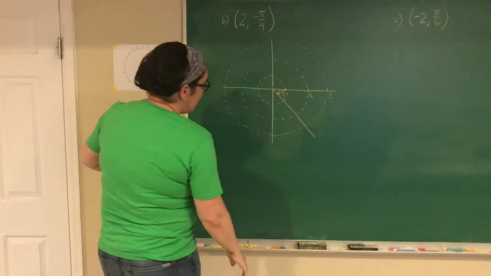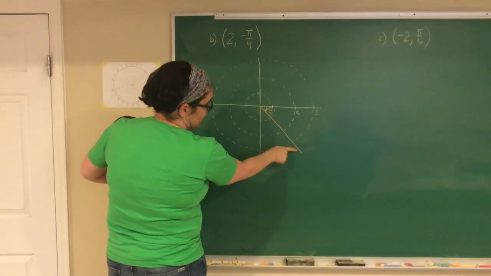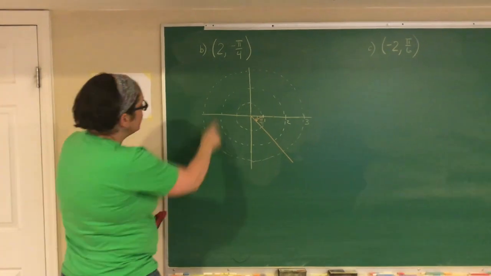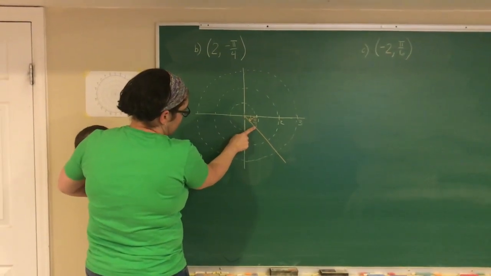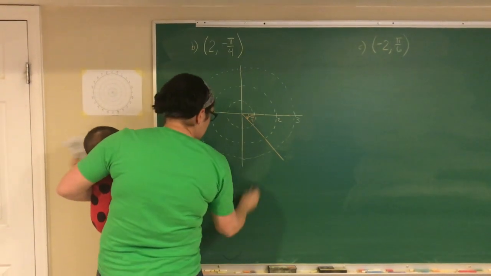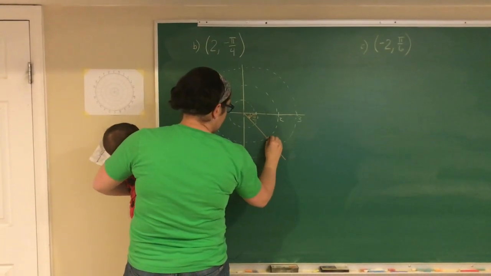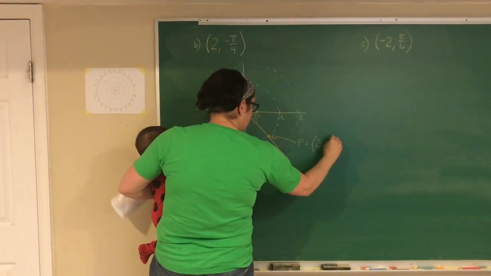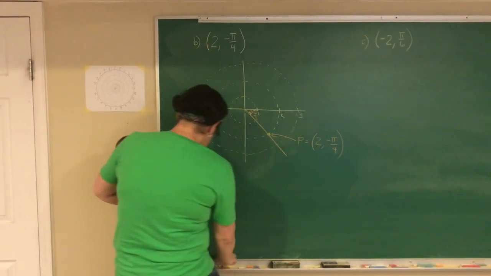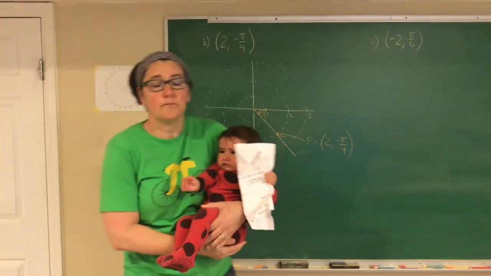And then from there, I measure along this line. This is like our yardstick. I measure a distance of 2. So I walk 1, here's a distance of 1, here's a distance of 2, and so my point is P equals 2 comma negative pi over 4. Okay.